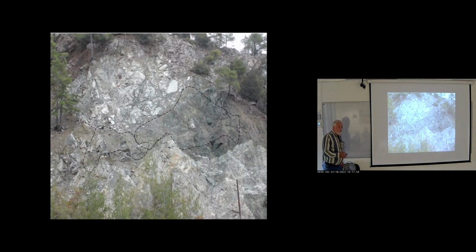This is the picture of how it looks in nature. The black is a peridotite, and this is a serpentine asbestos. In this case, this is from the Troodos in Cyprus. The asbestos, and you see that the ultra basic rock and the serpentines are tightly packed together.